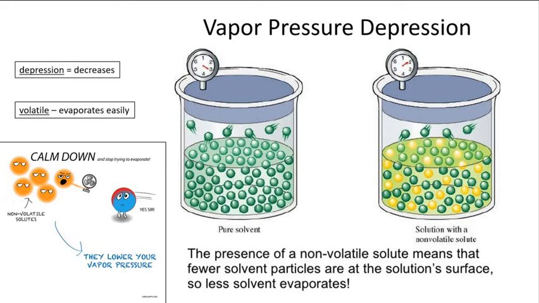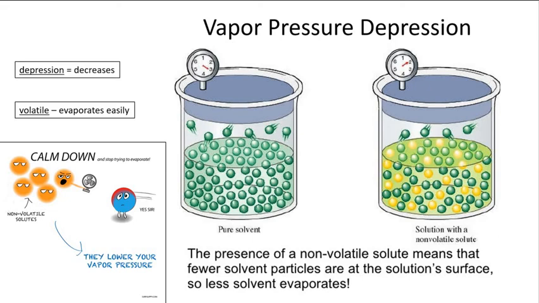Volatile just means that it evaporates easily. So if you have something that evaporates easily, but you dissolve something into it, it will slow down how easily it can evaporate, just because those solute particles get in the way as the solvent is trying to go fast enough to escape the liquid and become a gas.